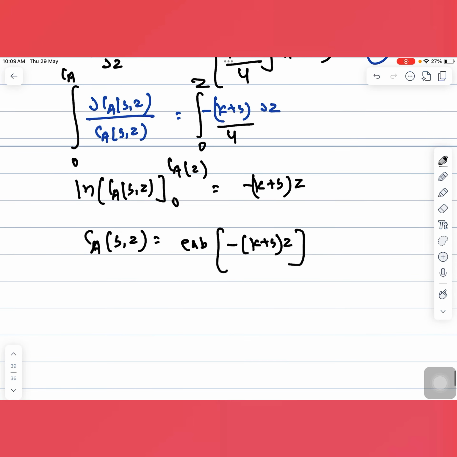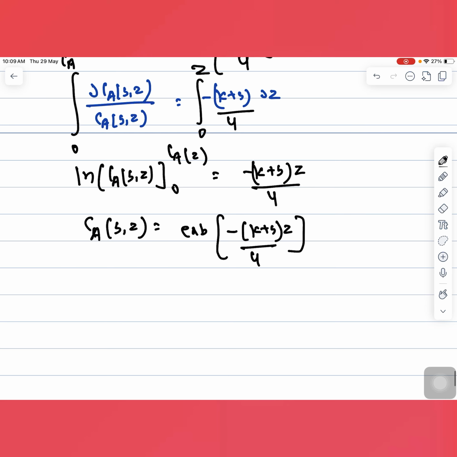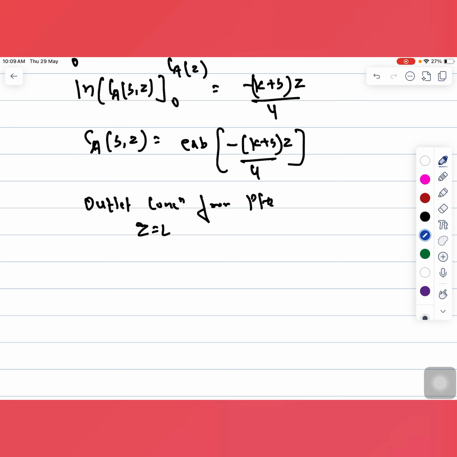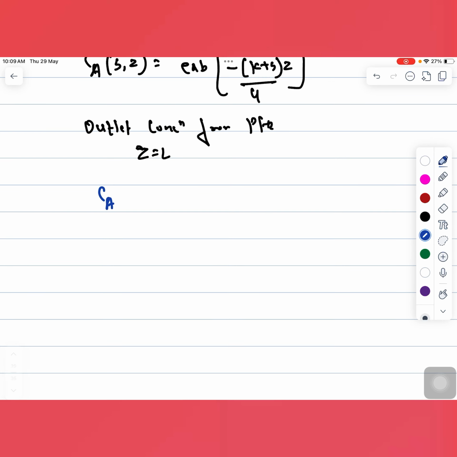So let's say you want to calculate the outlet concentration at L, meaning Z equals L. How can we write this? Directly, CA(S, L) equals exponential of minus K plus S divided by U into L. So this is how you can derive the transfer function for the plug flow reactor at any particular location.